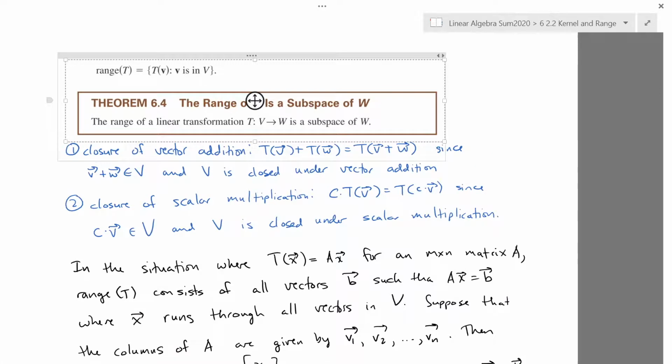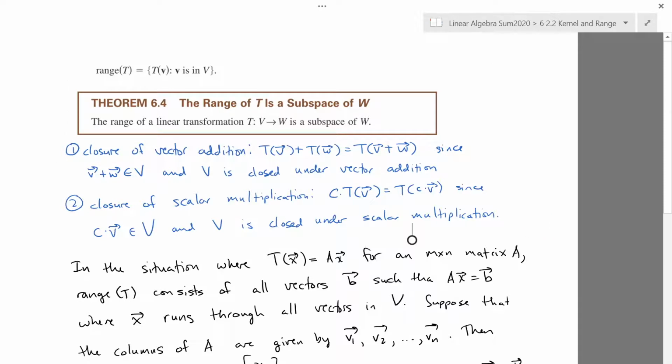Okay, so now we switch our attention to looking at the range. If you remember, the range is the set of all elements in the codomain that are outputs, so it's basically all the outputs of the linear transformation as we take all possible inputs from the domain.